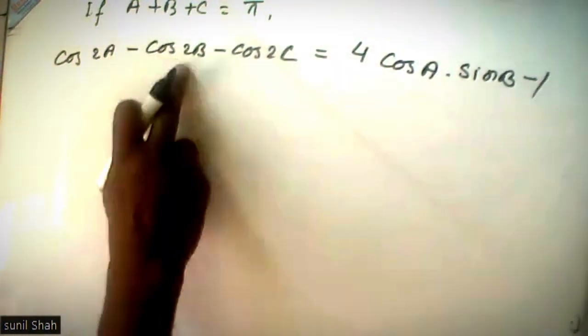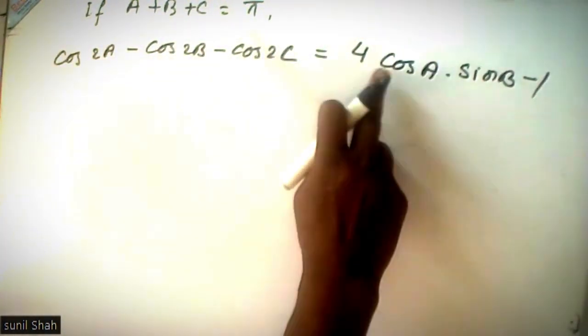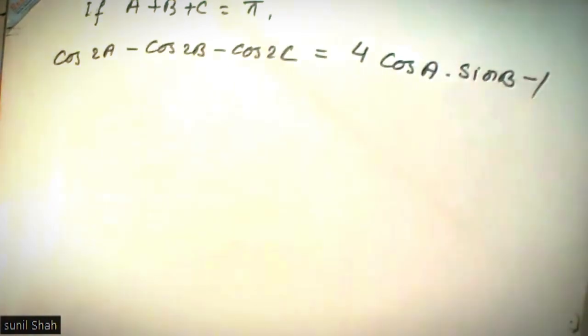Prove that cos 2a, cos 2b, cos 2c is equal to 4 cos a into sin b minus 1.